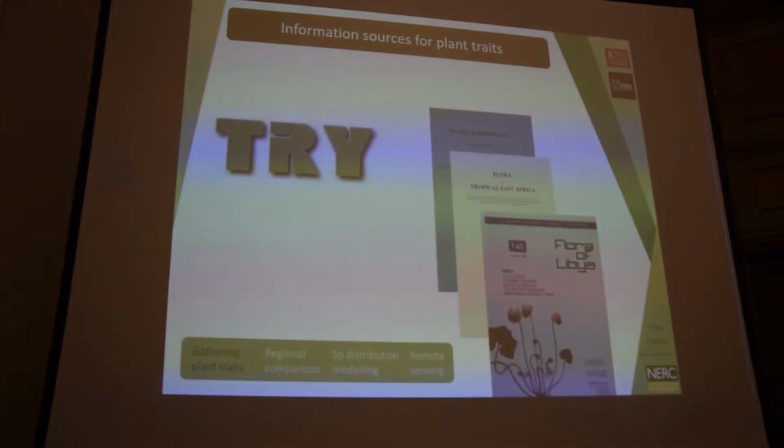So I compared trait data from two different sources. The TRY database, which is online and is largely based on in situ measurements. And I also found a taxonomic description for each of those 586 species. I benefited from the recent completion, or near completion, of several African floras.